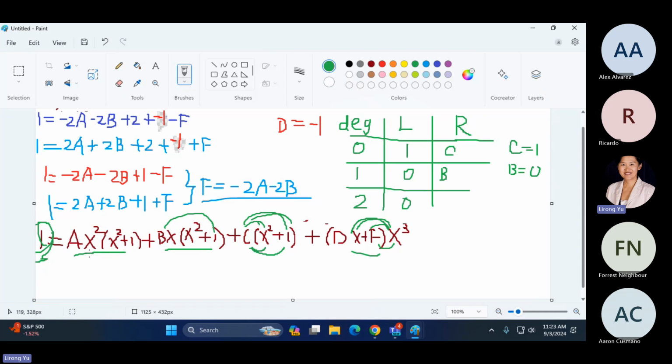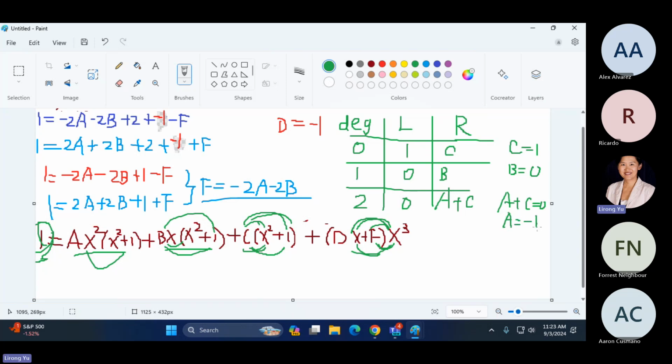On the right side, the degree 2 terms are A and C. So we have A plus C, which is the degree 2 term, but it's 0. So we have A plus C equal to 0. Since C equals 1, that means A equals negative 1.